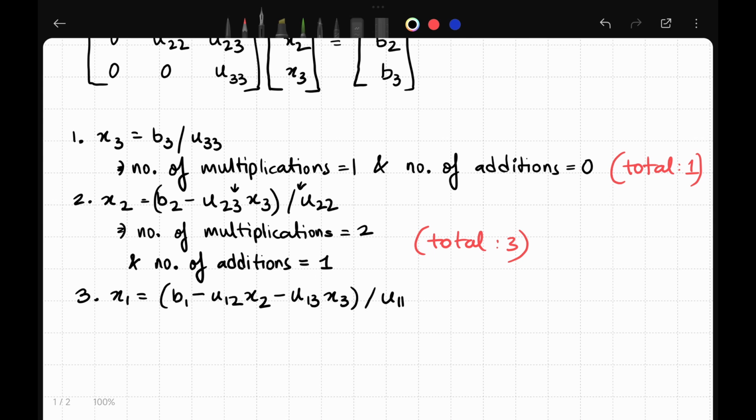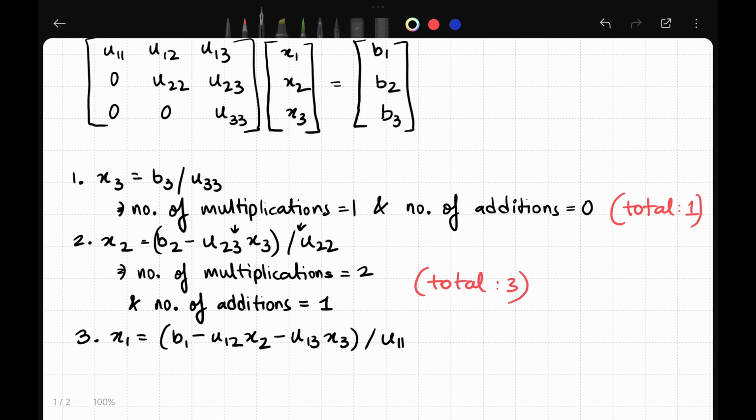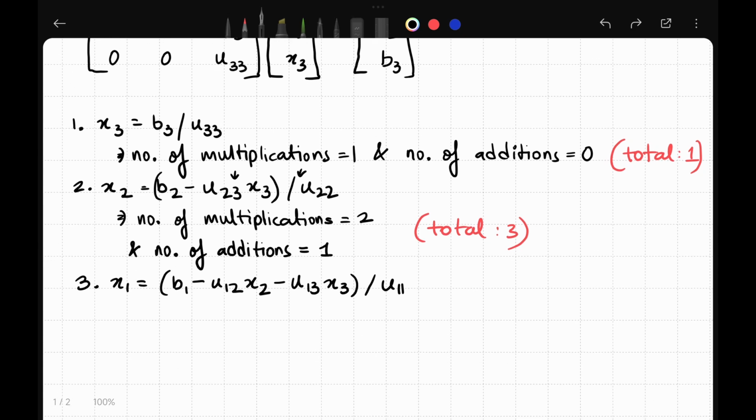So this is what the equation will be for x1. You can sort of make it out: u12 is here, x2 is here, u13 is here, x3 is here, and the whole thing you have to divide by that.